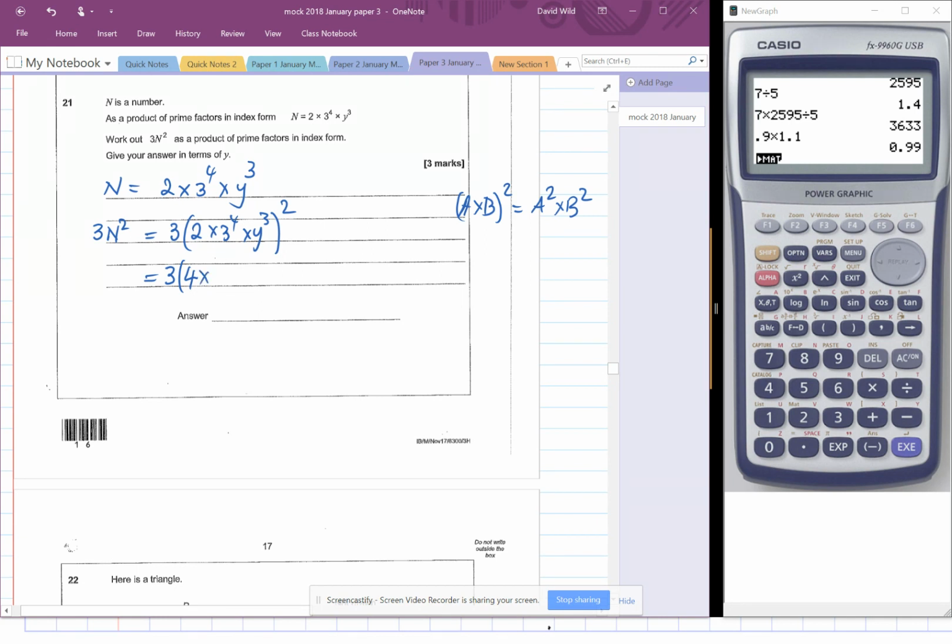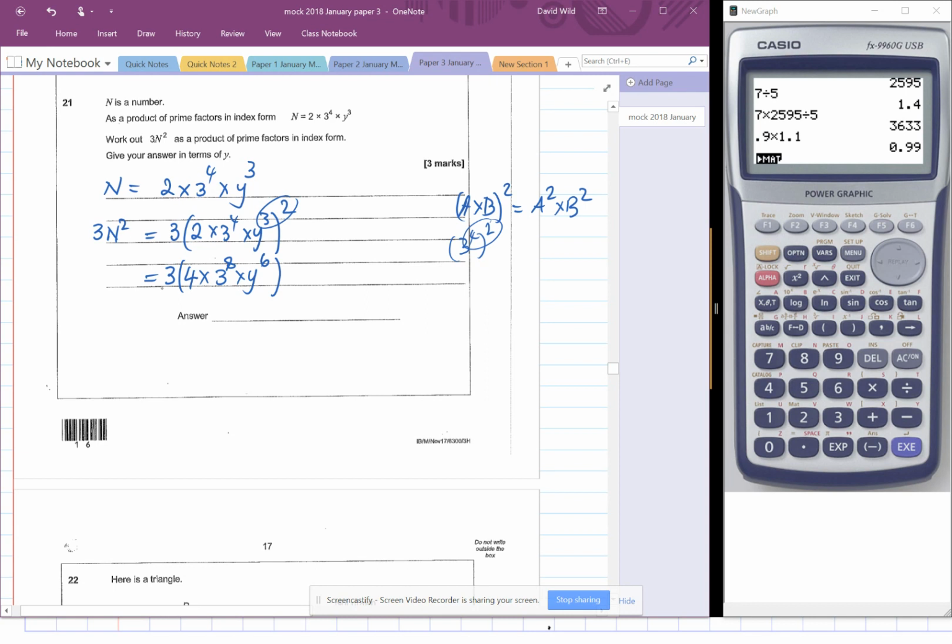times 3 to the 4 squared. Well, what's 3 to the 4 squared? Laws of indices, we multiply these, this is 3 to the 8. And y cubed squared is y to the 6. Remember, we multiply those together. So we want a product of prime factors in terms of y.